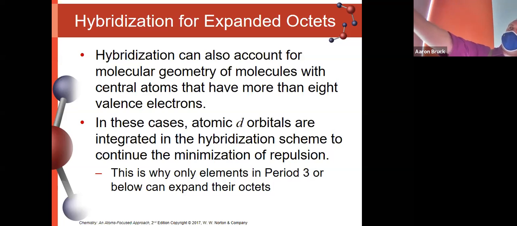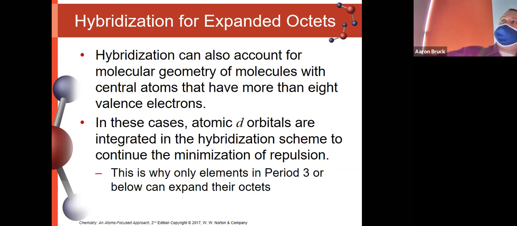Beryllium, boron, carbon, and any of the others, we focused on those 3 in particular. All of them are in the 2nd energy level. None of them have d orbitals in that 2nd energy level to pull from. But starting with sodium, now we have the 3rd energy level, and the 3rd energy level has d orbitals, has a d sublevel.